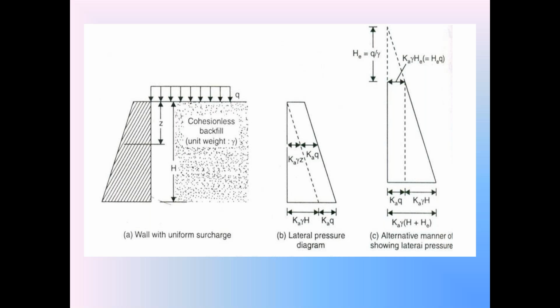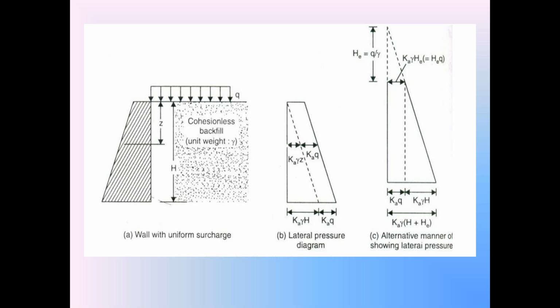So at a depth Z from the top of the backfill, because of the surcharge Q acting on the backfill, the total vertical stress sigma V is equal to Q plus gamma into Z. Then as per the Rankine's active earth pressure theory, at a depth Z from the top of the backfill, the horizontal active earth pressure PA is equal to KA into sigma V. What is sigma V? Q plus gamma Z.